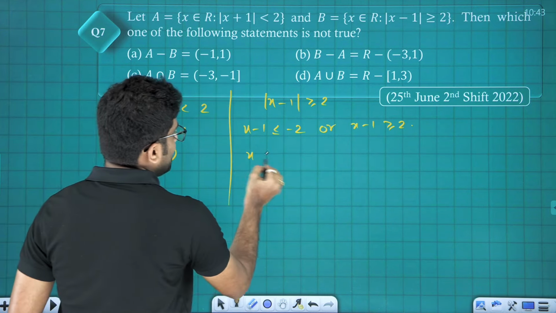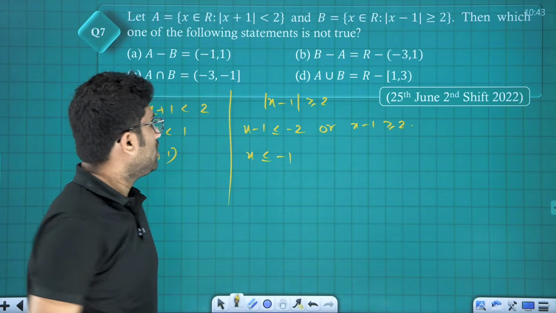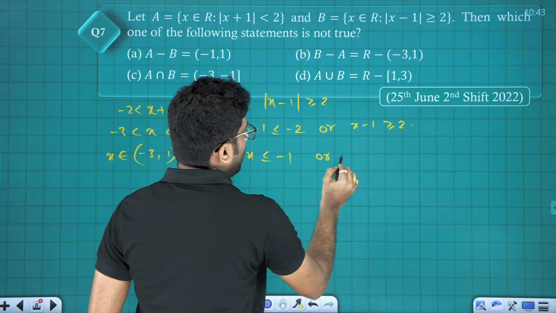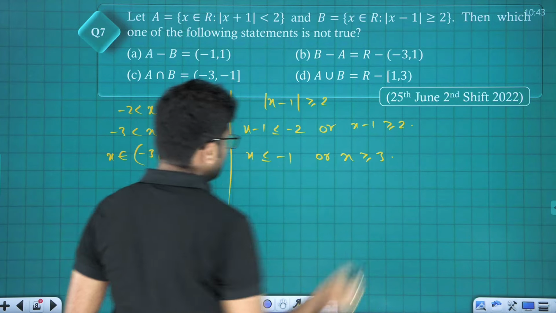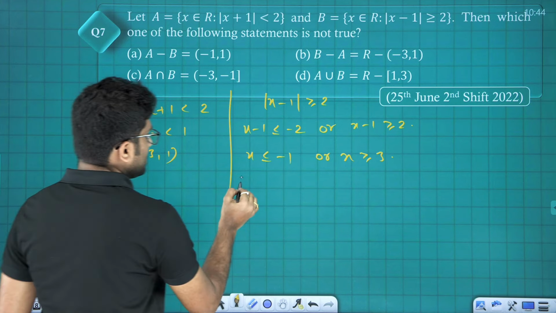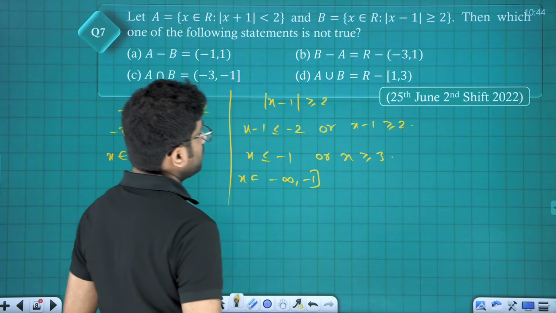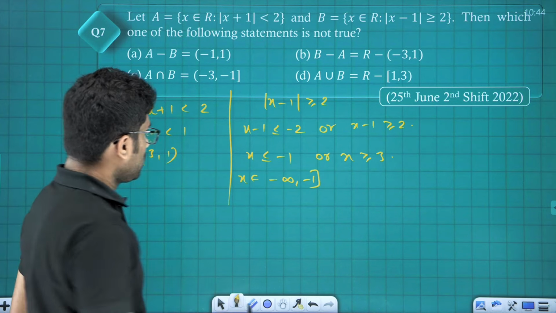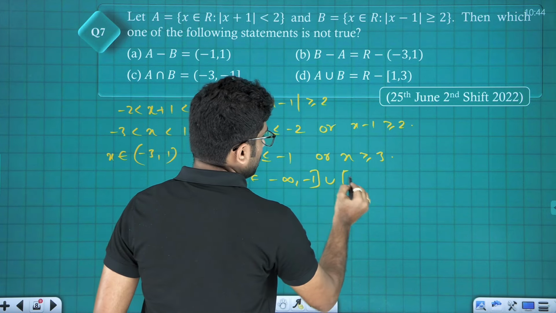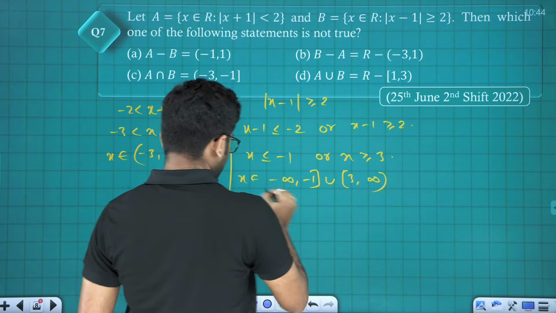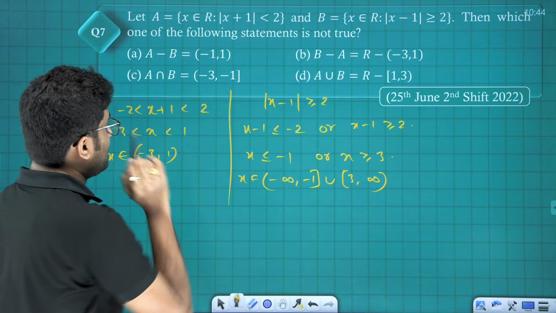So x less than or equal to minus 1 union x greater than or equal to 3. Okay, so in this case x belongs to minus infinity to minus 1 closed, union closed 3 to infinity. This is set A, this is set B.